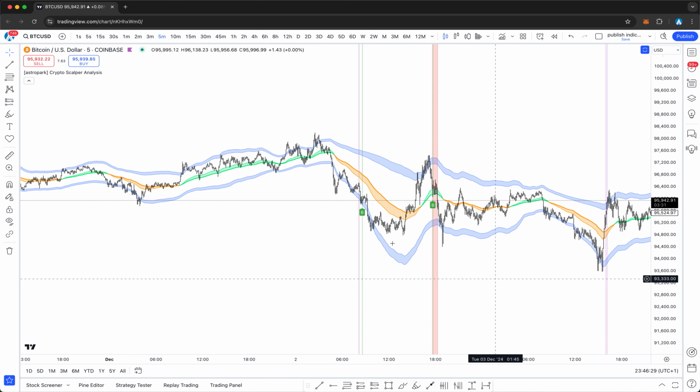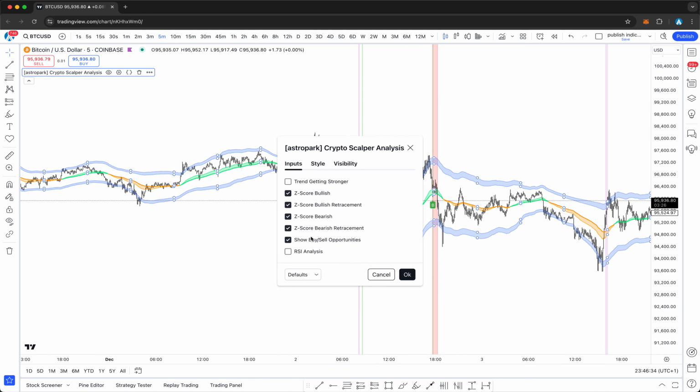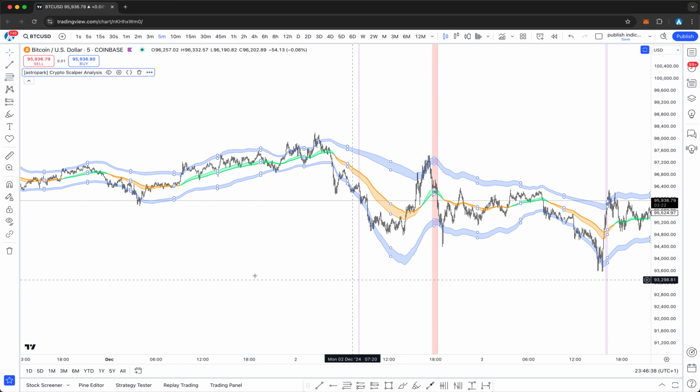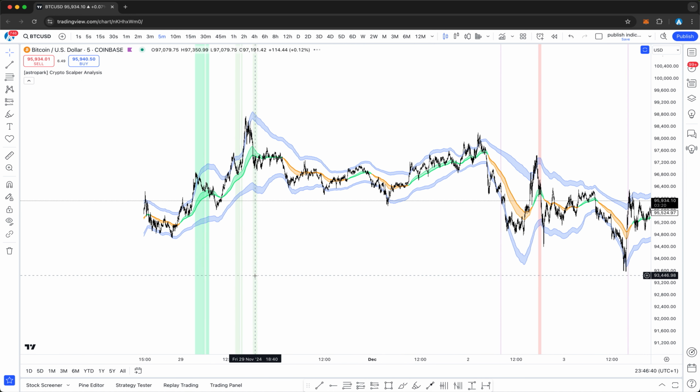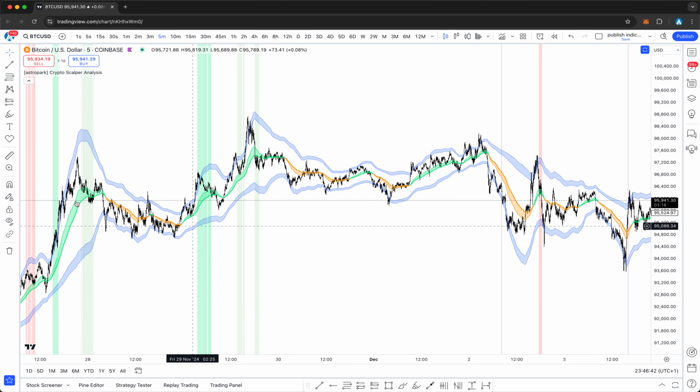I mean, this indicator can work. Of course, I would absolutely disable the buy sell opportunity signals in order to use the bands. Okay, the bands, especially in the chop time. But I mean, this is getting very, as you may understand, very risky.